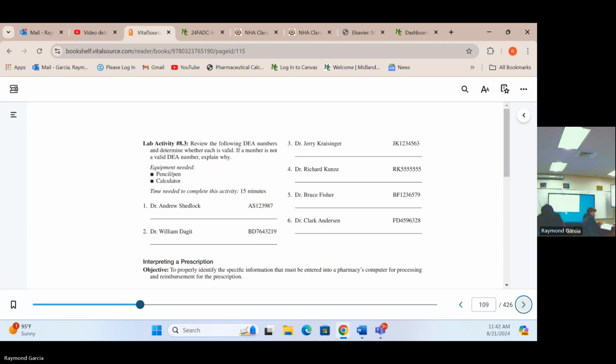Is number 2 valid or invalid? It is valid. What should the last number be in number 2? Should be a 9? The last number should be a 3, not a 9.